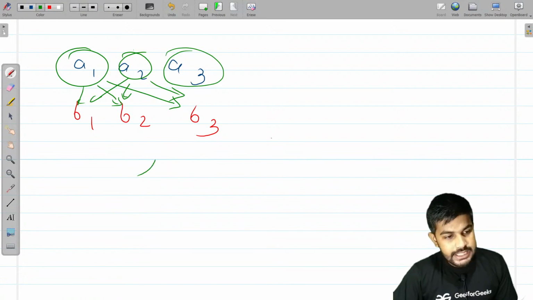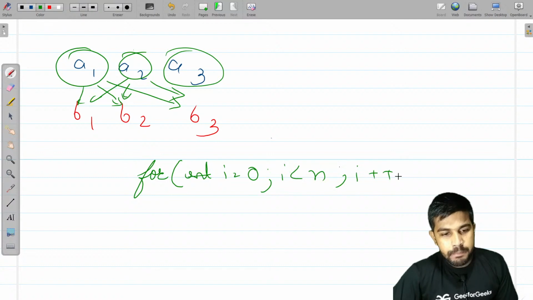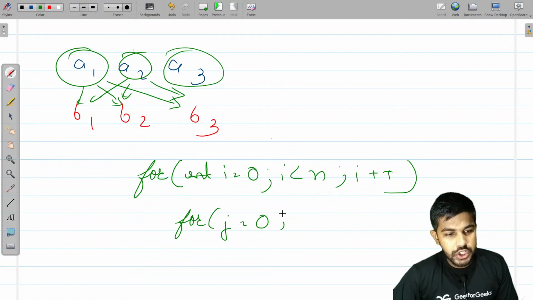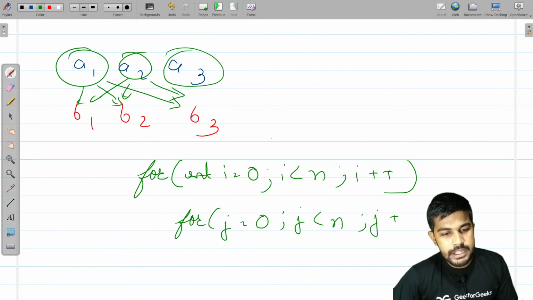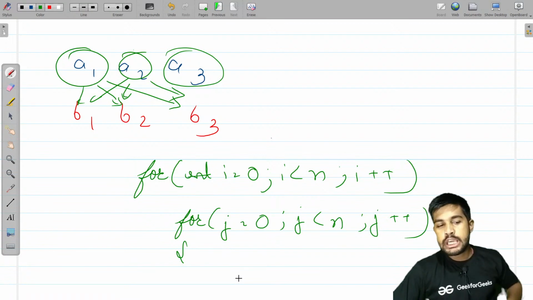So what we are doing is, I'm trying to tell you, for loop i equals to 0, i is less than n and then i plus plus. So what you can do is again for loop j is equals to 0, j is less than n and then j plus plus. And now you would keep all the values in the set itself.